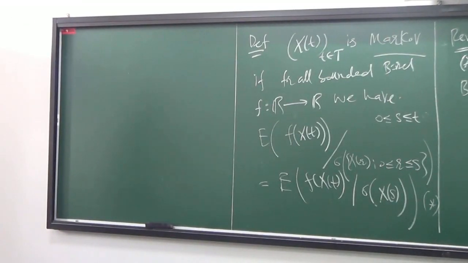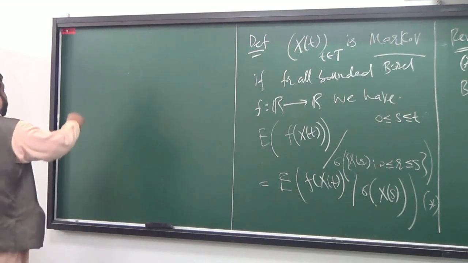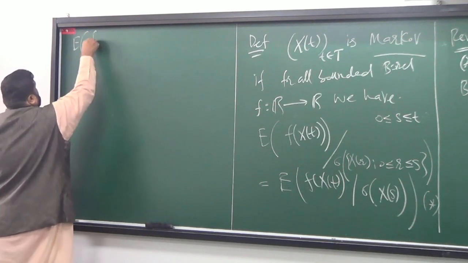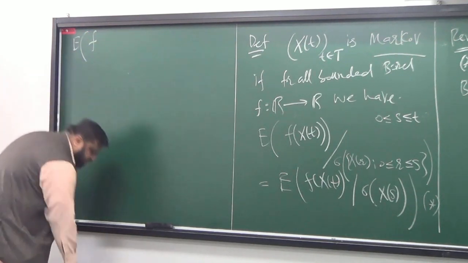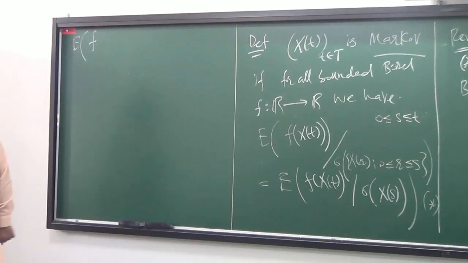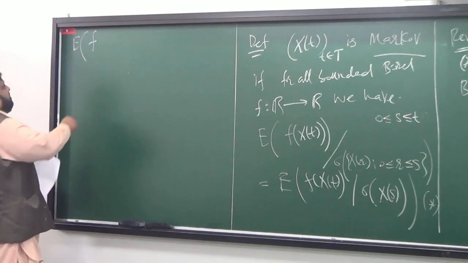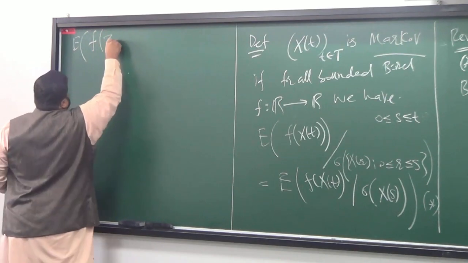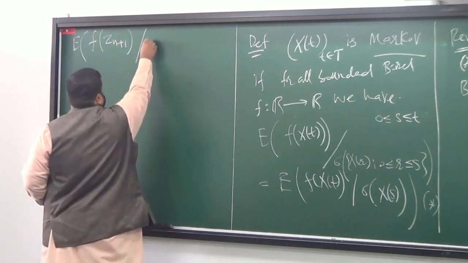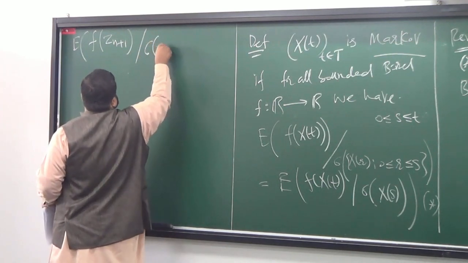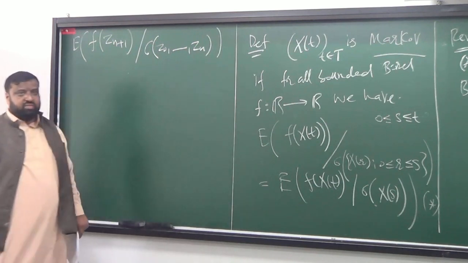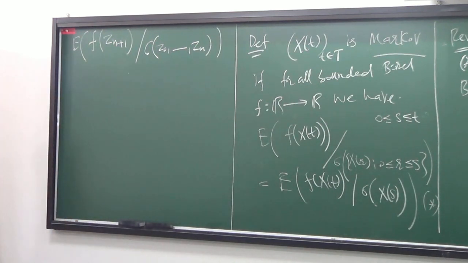Now, instead of, for example, Z_{n+1}, if I take the expectation of a bounded Borel function, okay, so imagine you have a bounded Borel function from R to R, and you want to compute the expectation of f of Z_{n+1} given the sigma field generated by Z_0 up to Z_n.